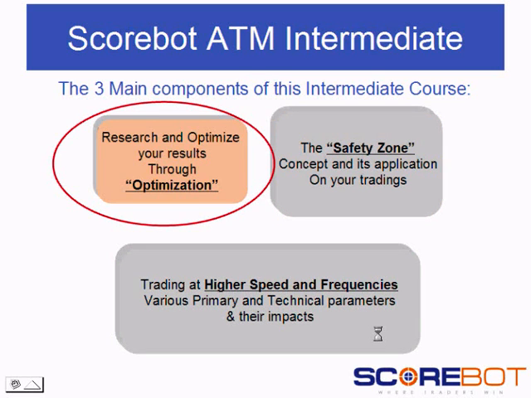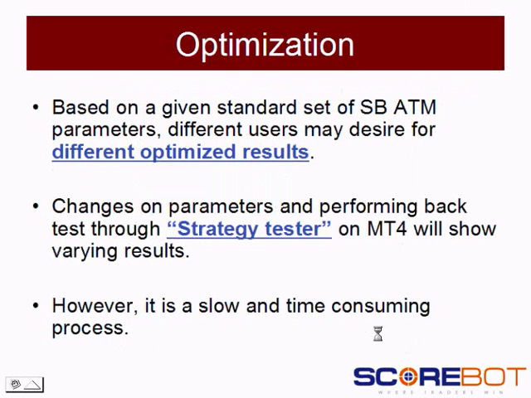Let's start with optimization. Based on the standard given set of scoreboard ATM parameters, after going through the basic course, different users will start to have established a different desire for different results.